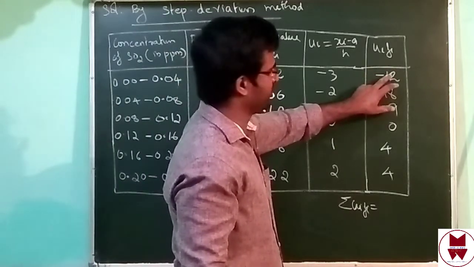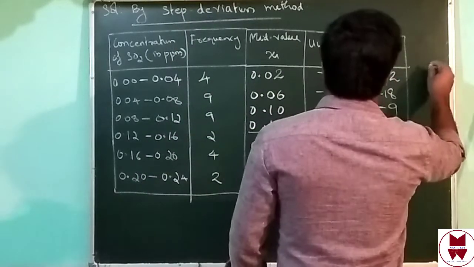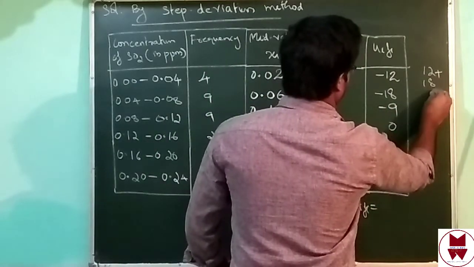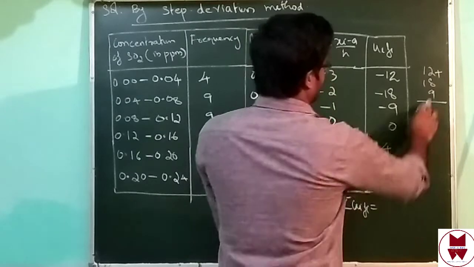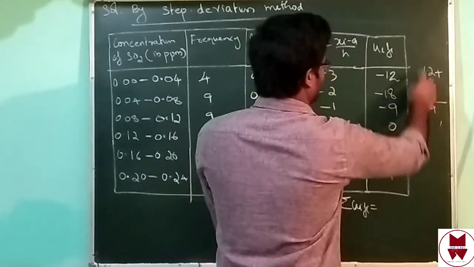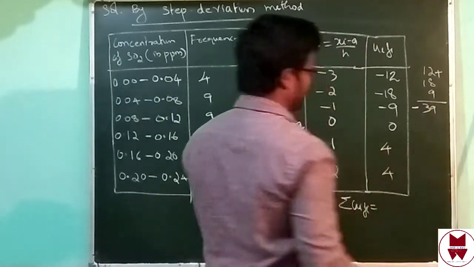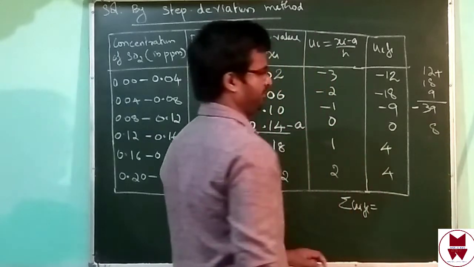Just add the negative numbers, 12 plus 18 plus 9, that is minus 39. Then positive numbers, 4 plus 4, 8.